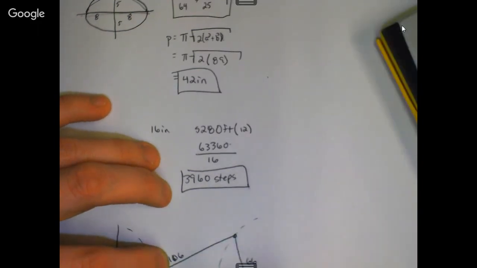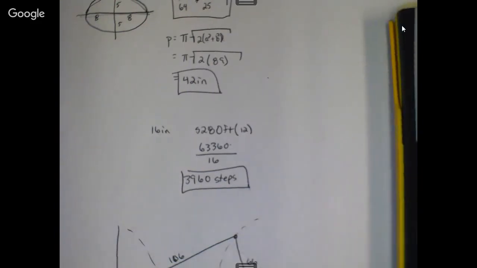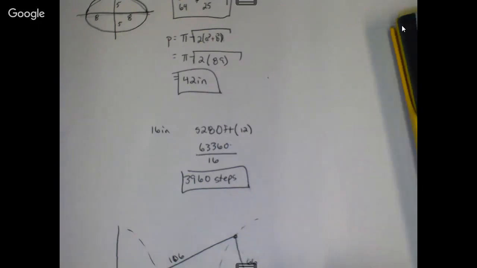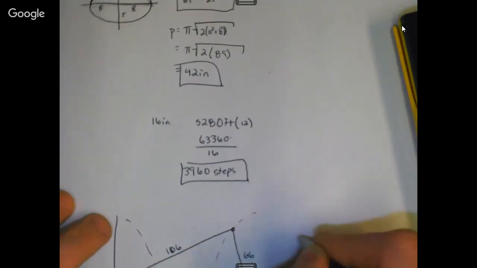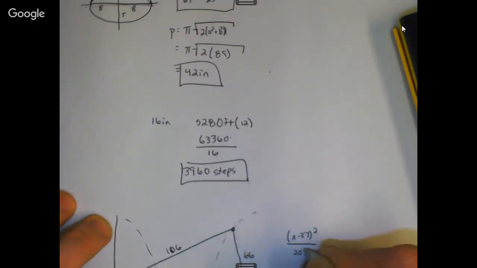Okay, the center of this is half of 74, which is 37, 0. So we have x minus 37 squared over 20 squared minus y squared, because I don't go up and down any, over b.